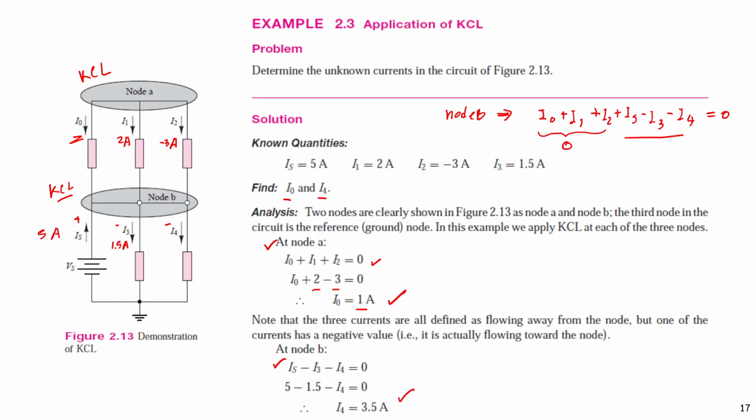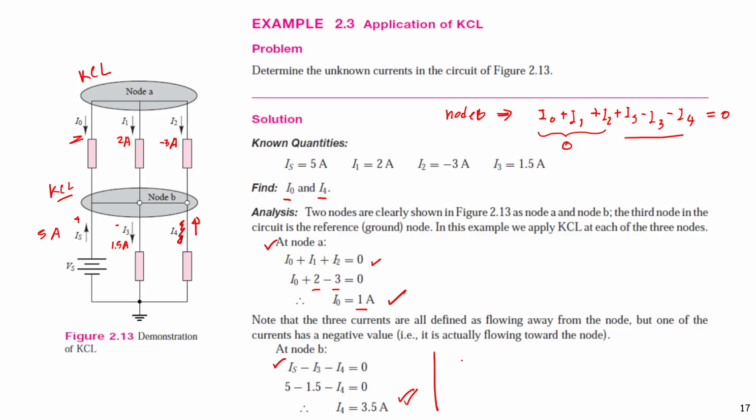So we need to be careful about the direction. If we represent I4 with this direction, we get 3.5. In case we represent I4 with this direction, what happens?